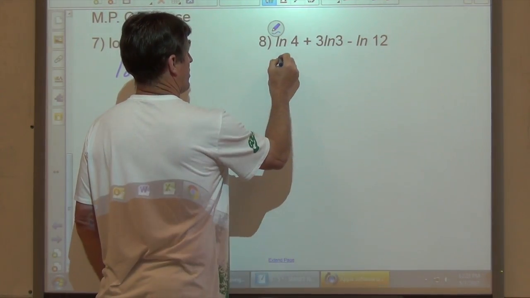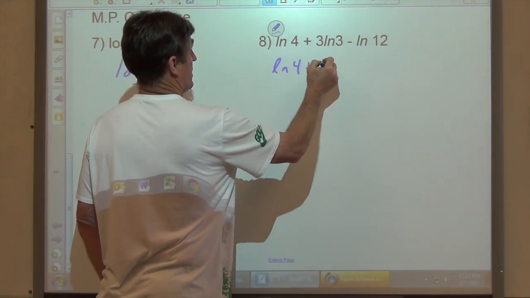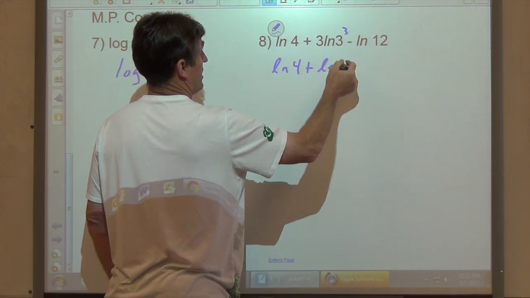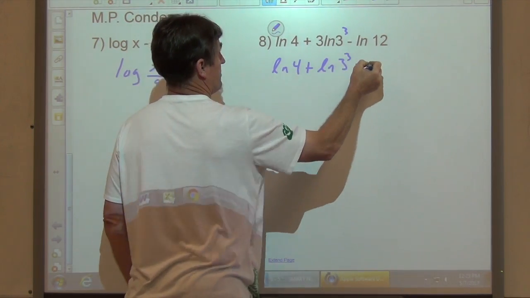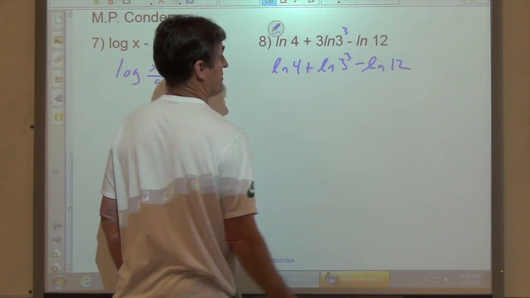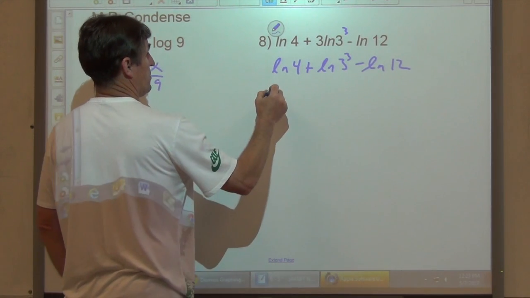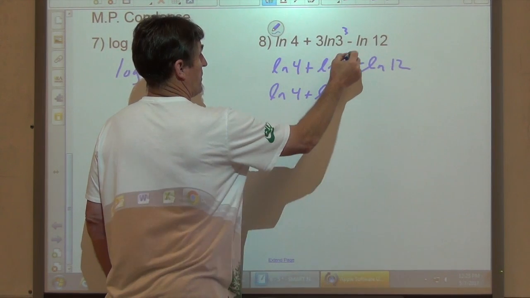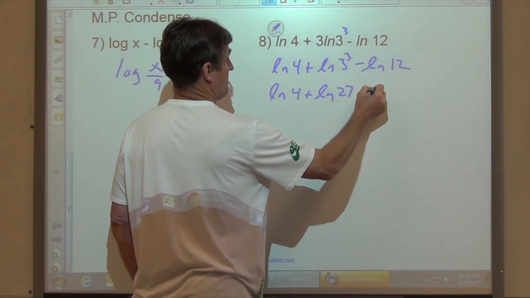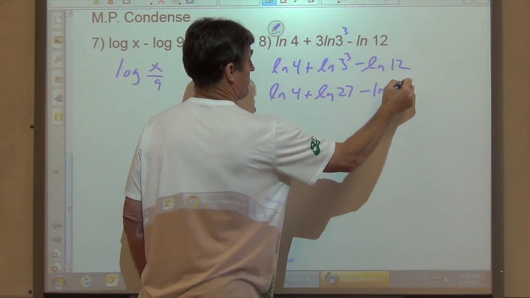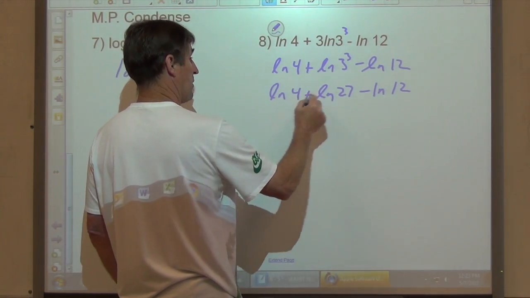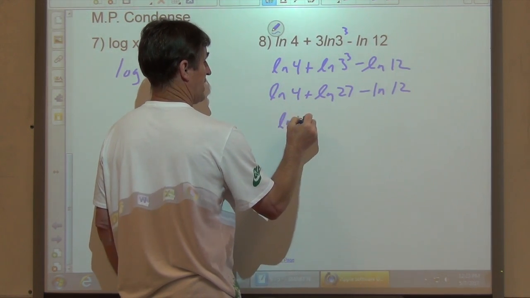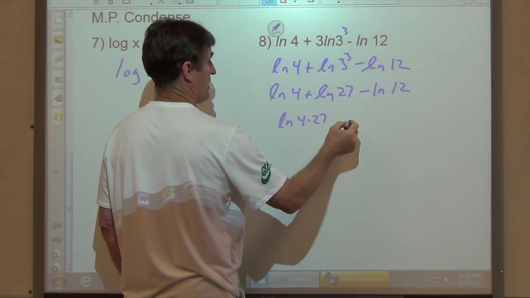On this one, I'm going to start with 3 to the third power. I'm going to move that 3 up here. So let's go ahead and show that. And then I'm going to change 3 to the third to 27. And then we become multiplication, so 4 times 27. Let's go ahead and write that. It's going to be 4 times 27.